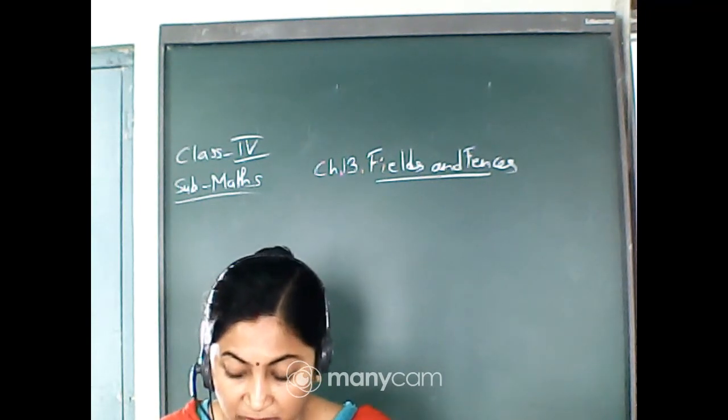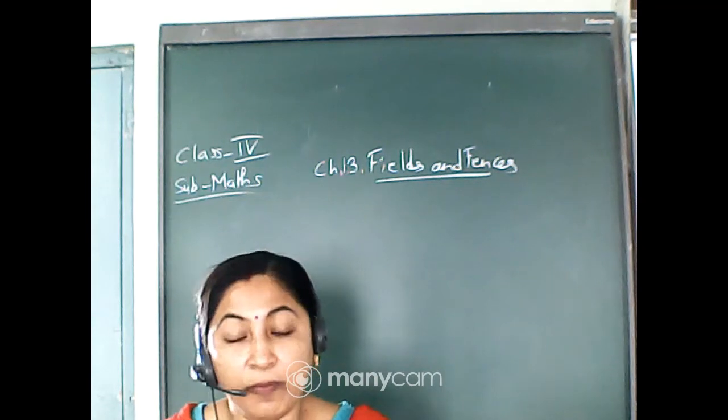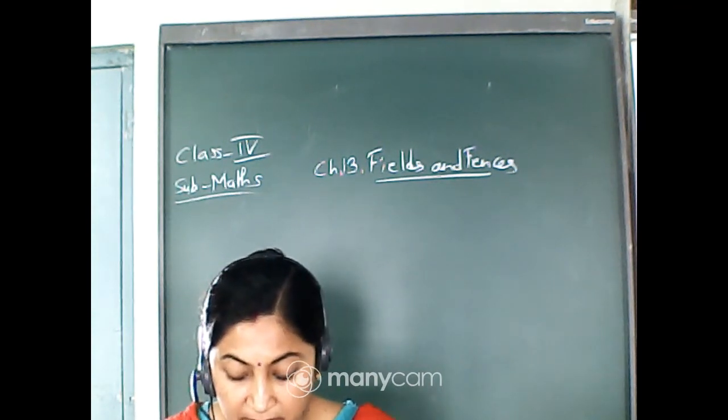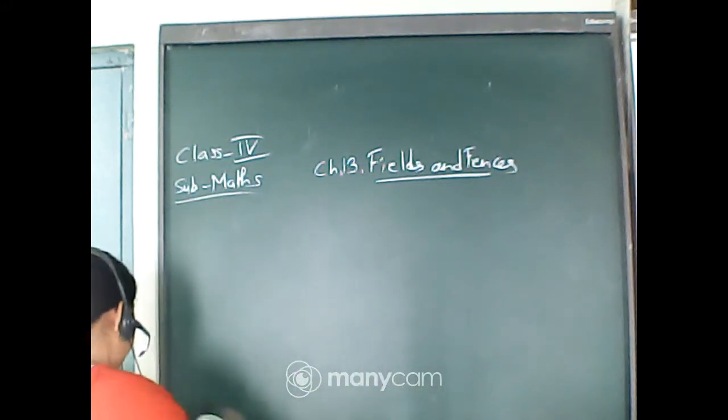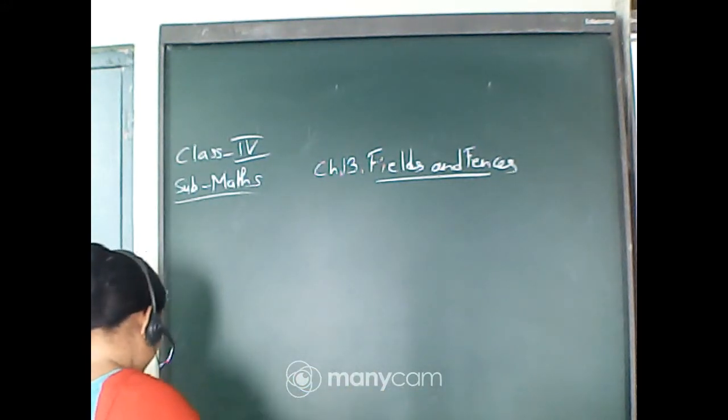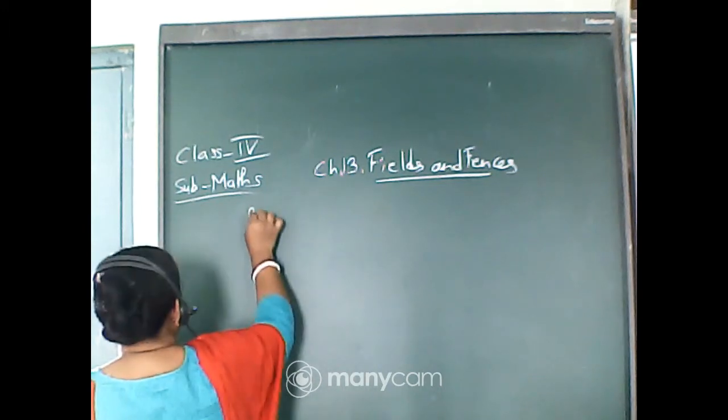See here it is given, the boundary is 54 meters long. It is already given here, but you will also find it out. How will you find the boundary? This is page number 149.